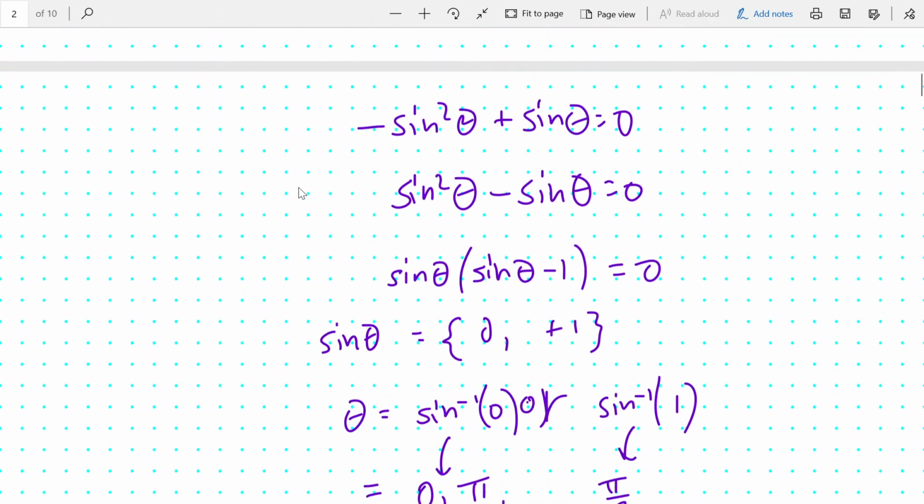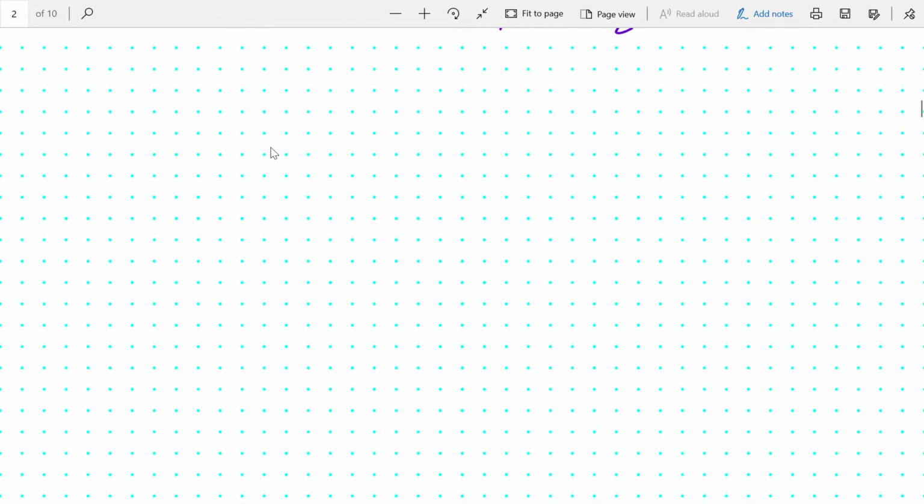One important thing is to not fall into the trap of using sine a plus b and cosine a plus b unless you absolutely need to, because these things can overcomplicate an equation a ridiculous amount. Sometimes you simply don't need to use these. The only reason you would be using them is if, for example, you are being asked to prove, say, show that sine 3 theta is equal to some sine cube theta.